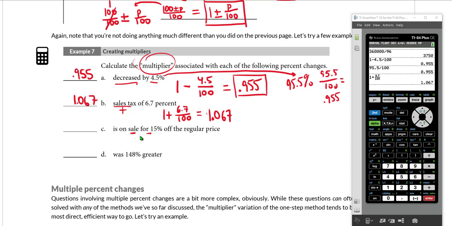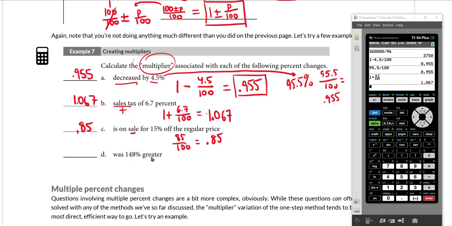On sale means we're taking away a certain percent. 15% off an amount means that we will have 85% of that amount, right? 100 minus 15 is 85. So 85% equals 0.85. That would be our multiplier, 0.85. Again, you can do this with the formula, just showing that there are other ways to think about this.